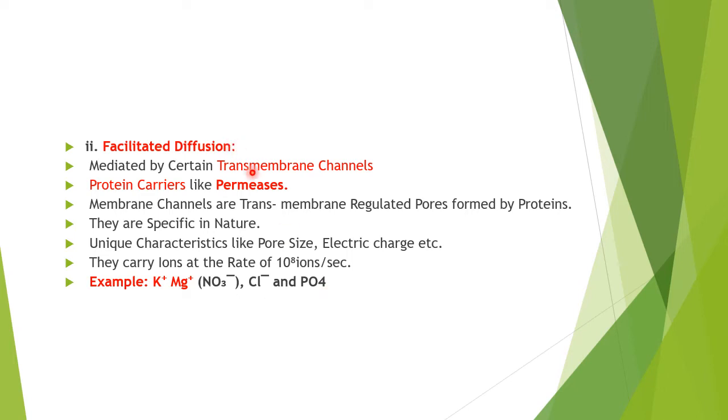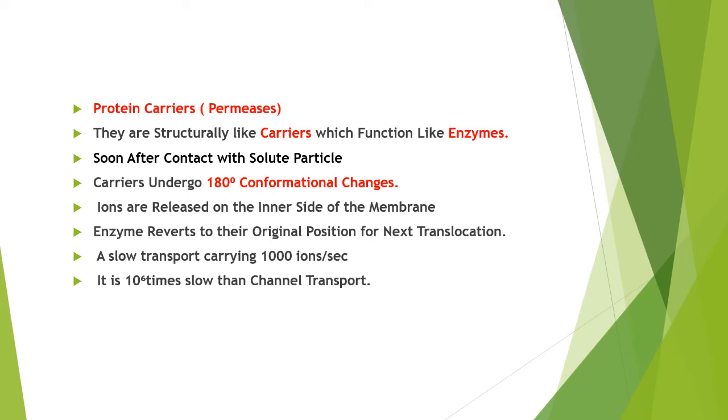So diffusion facilitated by certain transmembrane channels or by protein carriers is also possible in plants. Protein carriers are permeases. They are structurally like carriers which function like enzymes. Soon after contact with solute particles outside, they undergo 180-degree conformational changes. Ions are released on the inner side of the membrane, just like an enzyme-substrate complex.